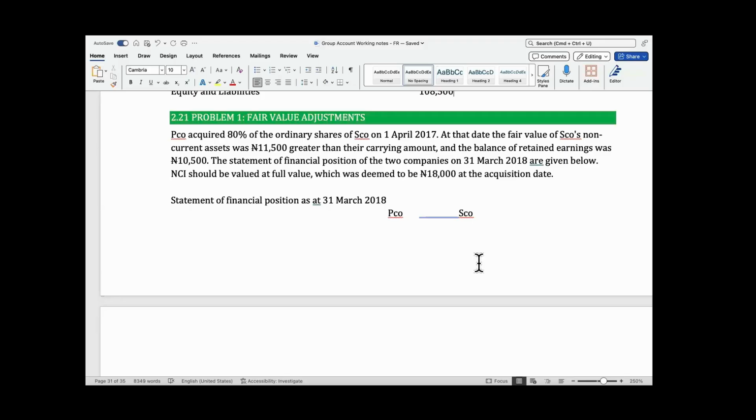At that date, the fair value of ESCO's non-current assets was 11,000 greater than their carrying amount, and the balance of retained earnings was 10.5. The statements of financial position of the two companies on 31st March 2018 are given below. NCI should be valued at full value, which was deemed to be 18,000 at the acquisition date.